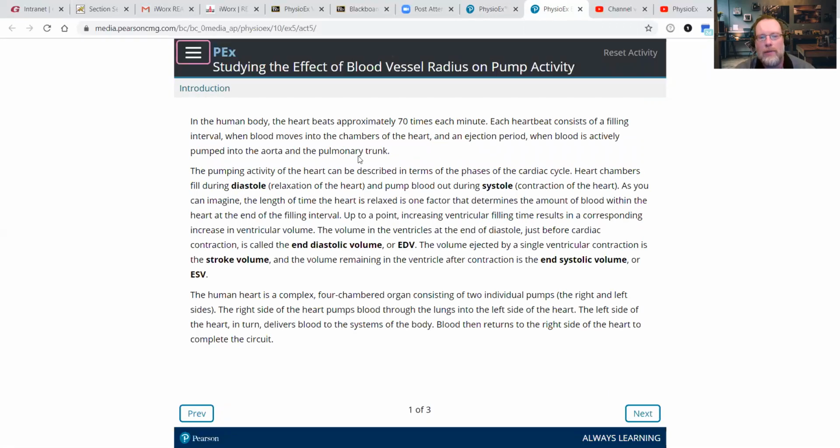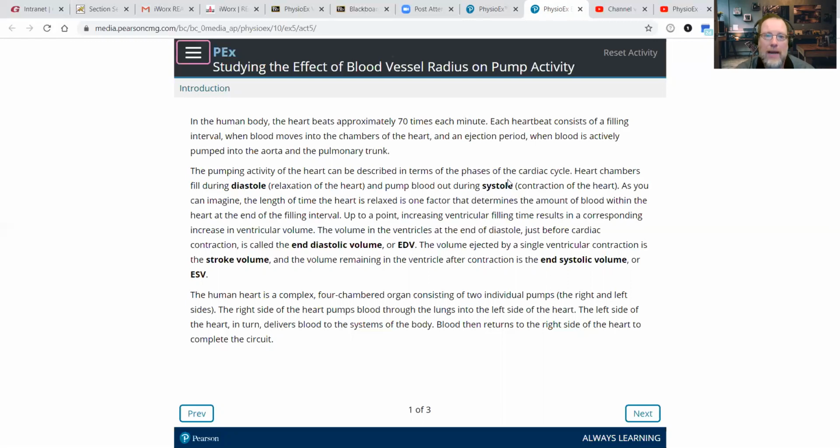And so, a little bit of background real quick. Again, I know you will read this or have read this, and you will know some of these terms. Diastole is the relaxation of the heart.